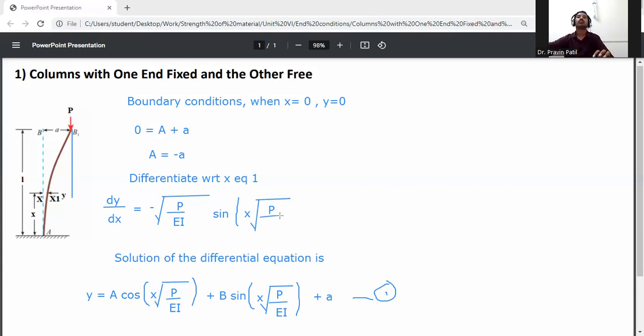So root p by a, differentiated with respect to x, again becomes root p by a, and that's why I wrote it here with EI.